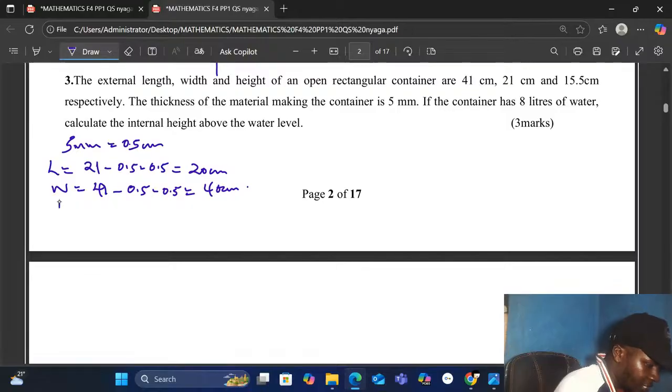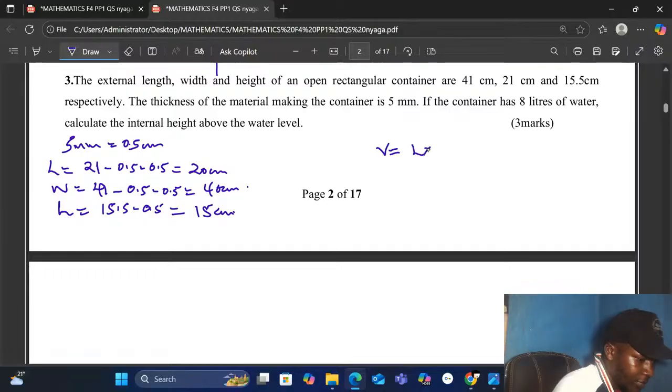Then for the height we shall only remove 1, so we shall have 15.5 minus 0.5. It is only on one side, therefore we shall have 15 centimeters. Now we have to calculate the volume, and the volume is given by length times width times height.